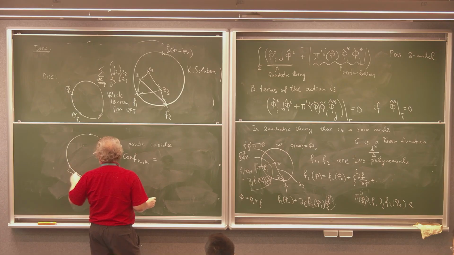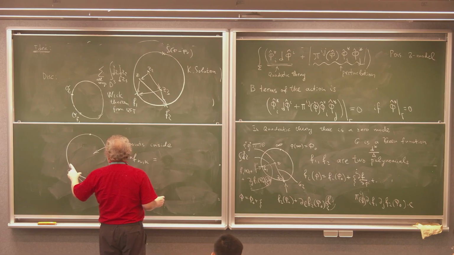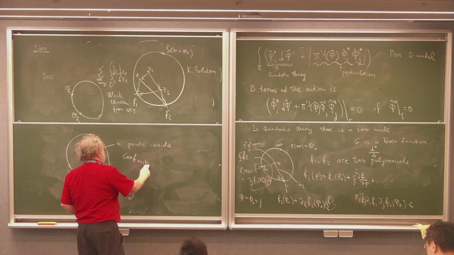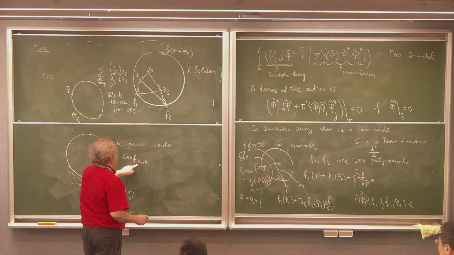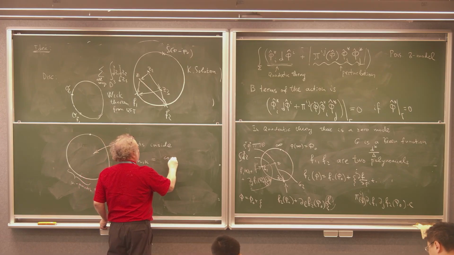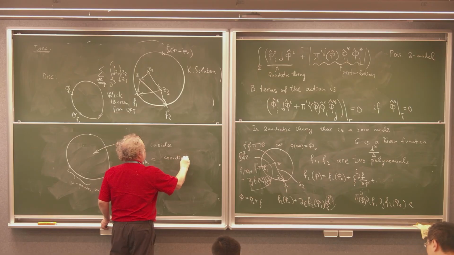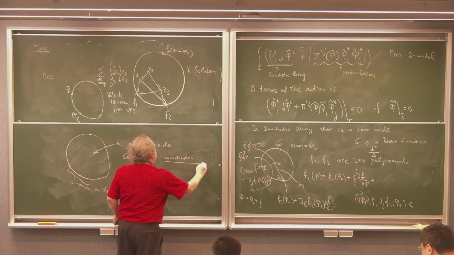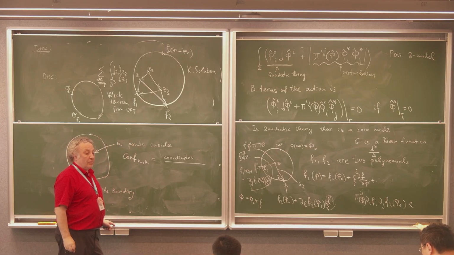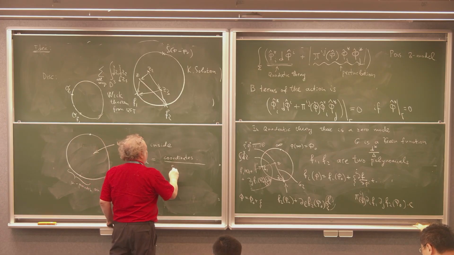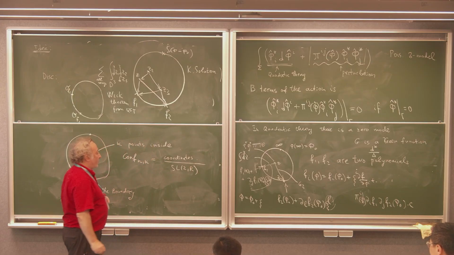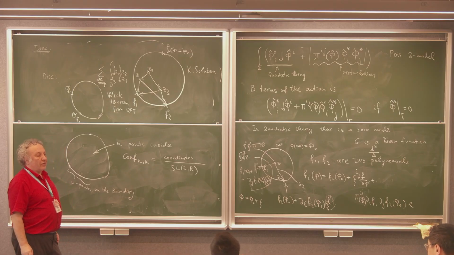So I would like to consider this configuration space, the space of coordinates of the corresponding points, modulo, and that's important, the following group, SL(2,R).